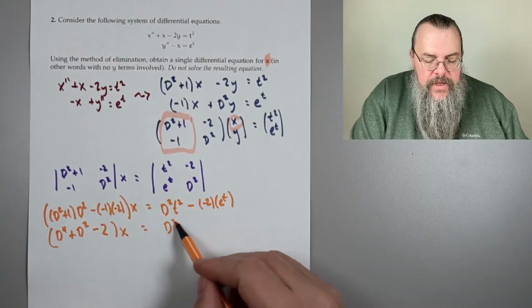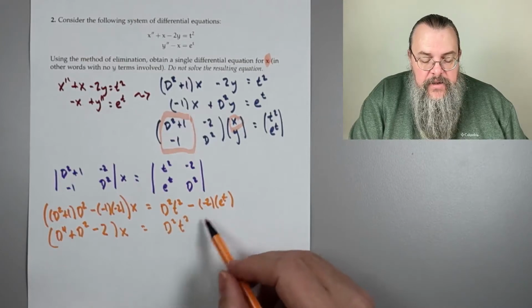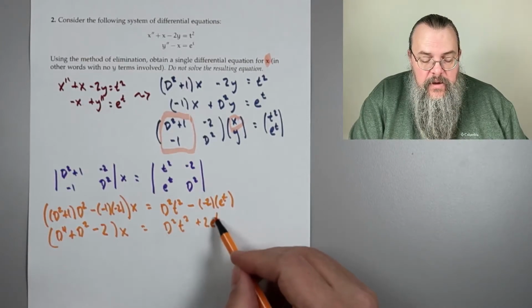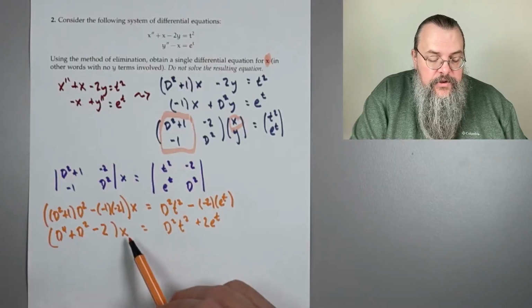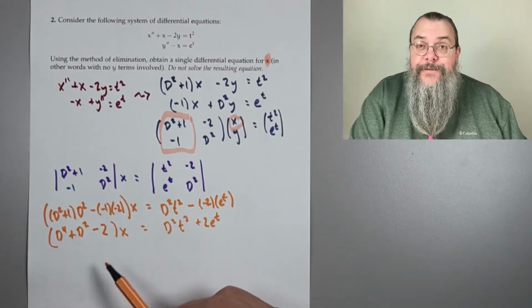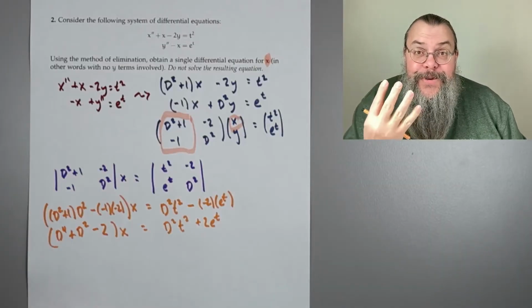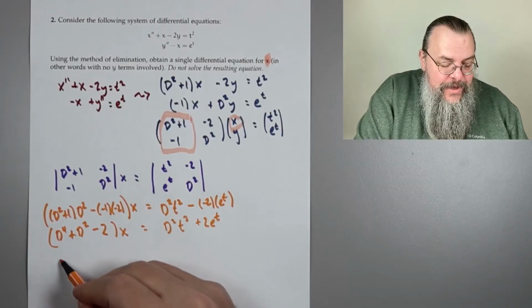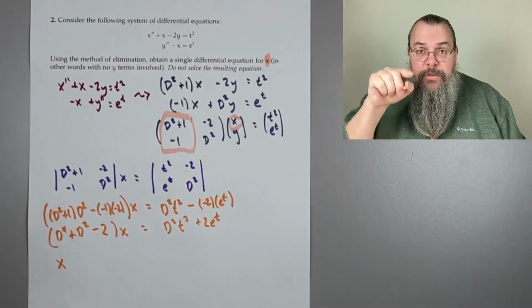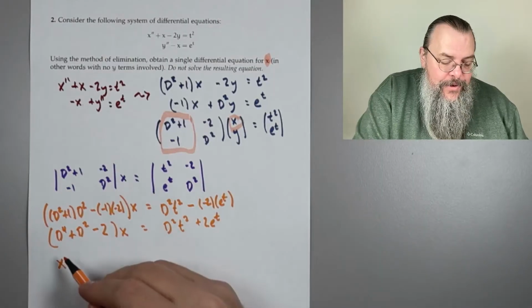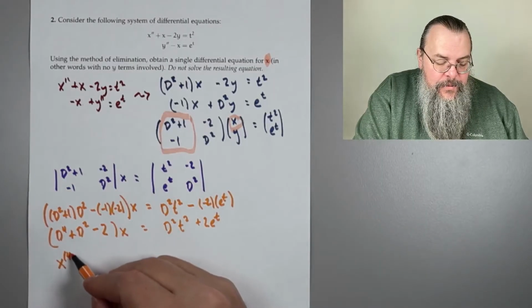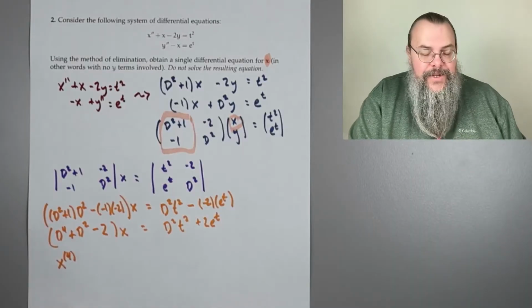And all right, we'll rewrite this again. Minus, minus makes plus. All right, now just remember, d to the fourth times x. What does that mean? Well, it means 4 derivatives of x. So you can write that as x prime, prime, prime, prime, or usually once I hit 4, I start using that notation.